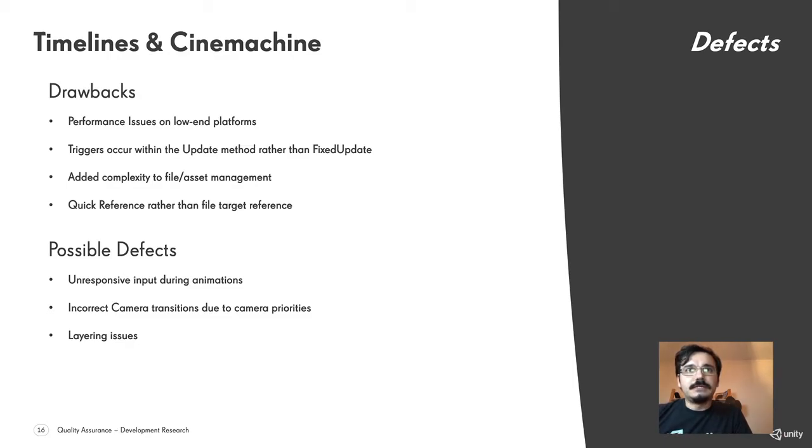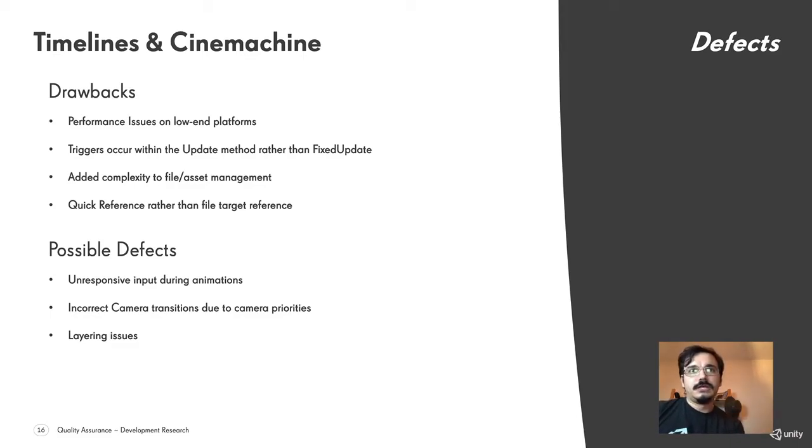Some defects: unresponsive input during animations. It's not really possible to simply consider input during animations, as you can in the default animation system of Unity. So this is not as straightforward as in the default.